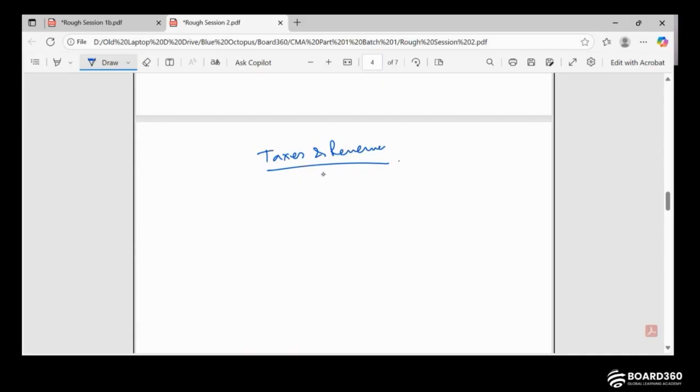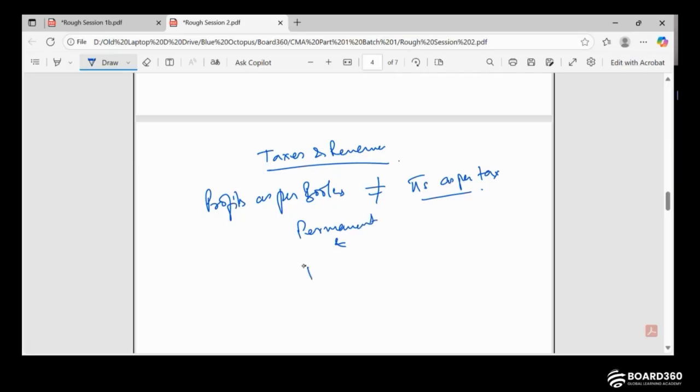So revenue or the profits as per books may differ from profits as per tax return due to permanent differences and temporary differences.